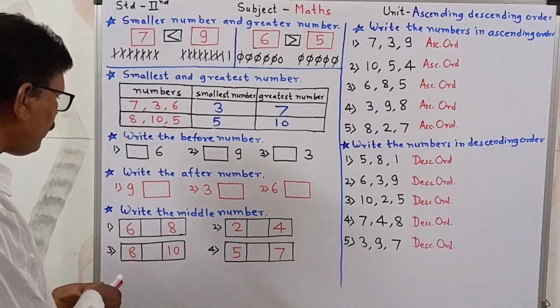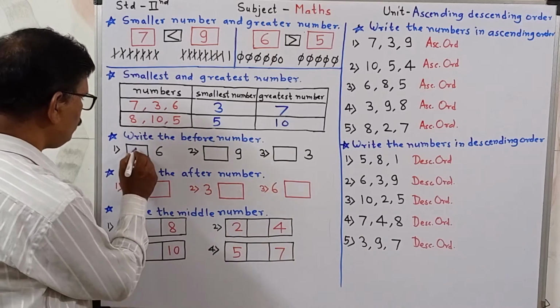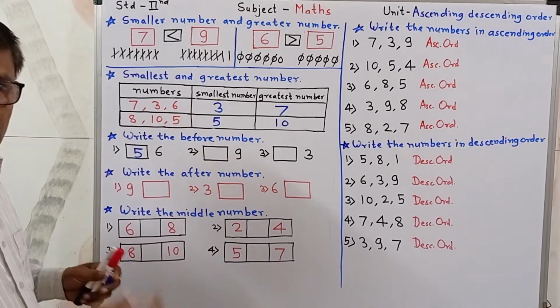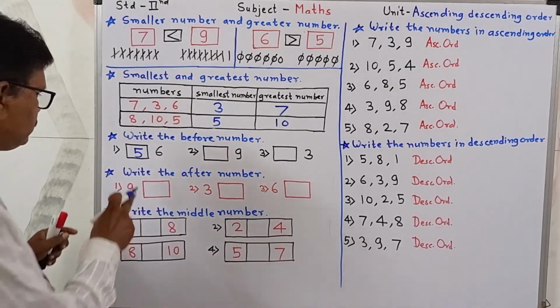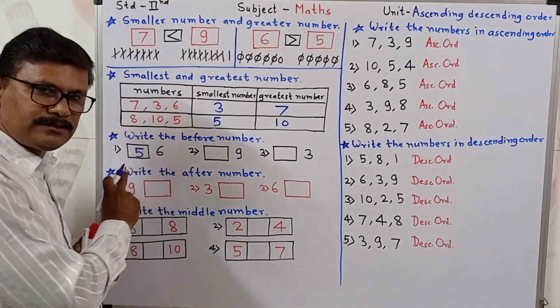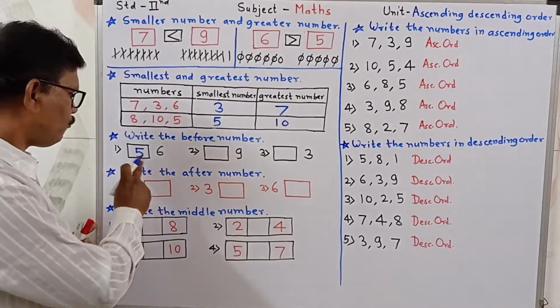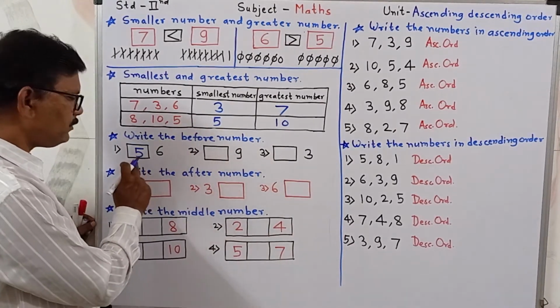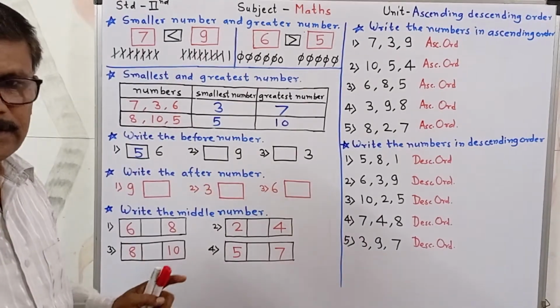So which has come? 5. So before number is 5. Then we read this 5, 6. Correct method. If we write here 7, then 7, 6 is wrong method.